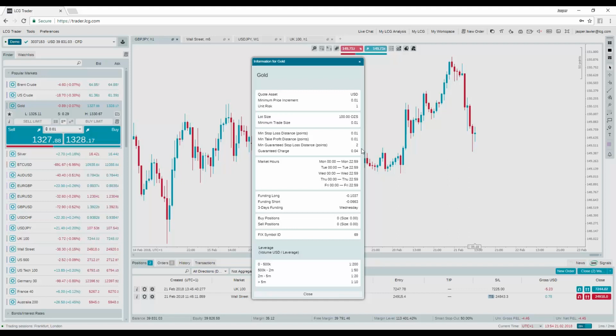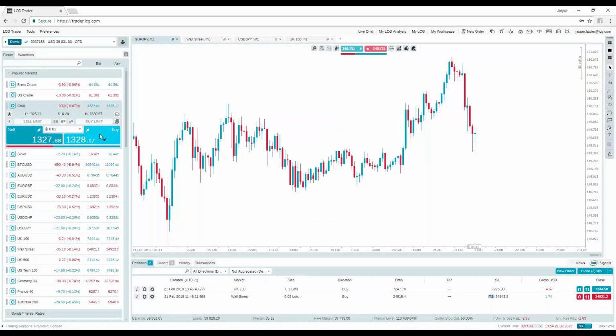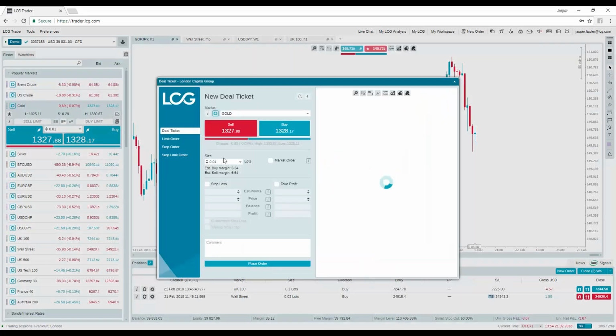Yeah, so it's actually very, very competitive in gold. In some markets it's a bit wider, but you don't really have to do too much at all to put in a stop loss here in gold. So there you have it. Close it down again. Let's go back to our deal ticket. Buy in gold.